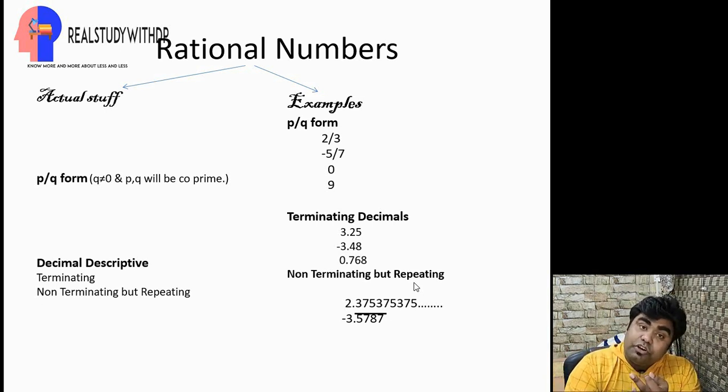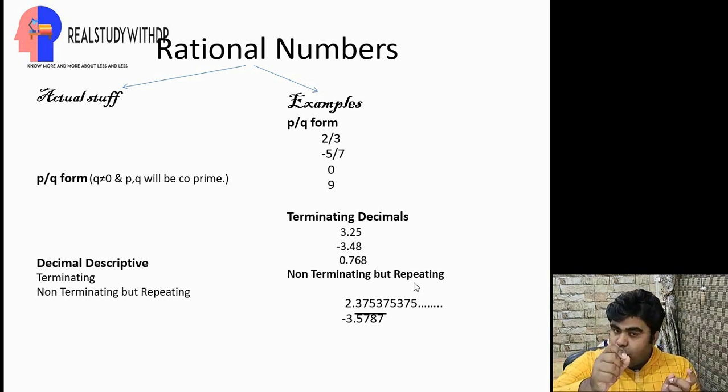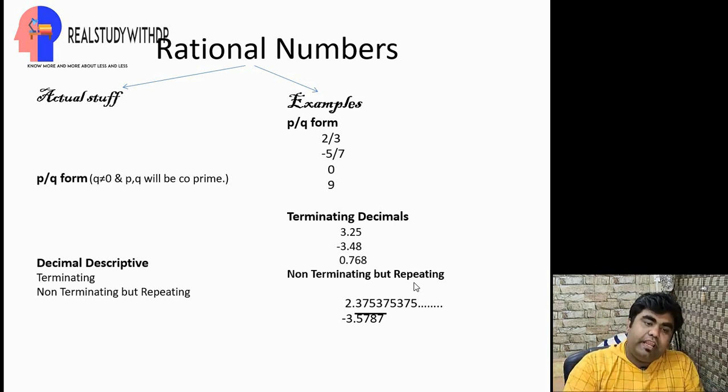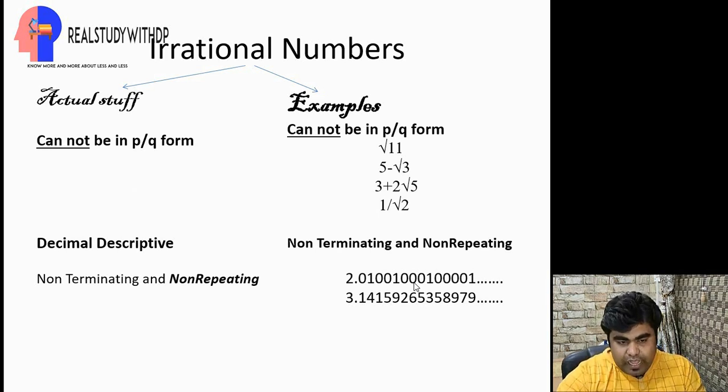The other is non-terminating but repeating, which means the numbers are not ending, but they are repeating too. So these are the 3 explanations, or the classification of how we can classify rational numbers. This is what we have to understand about the definition or classification of rational numbers.